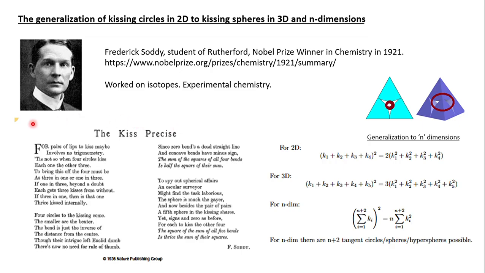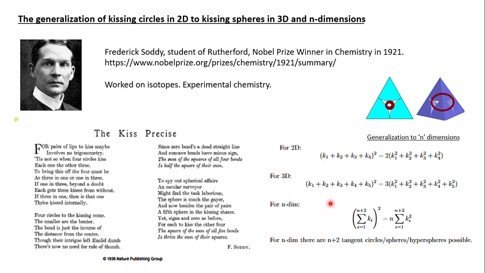So he made this problem very famous in calling it the kissing circles problem, and he wrote this article in Nature in 1936. He wrote this poem, basically, I should say, very very mathematical, or is it very very romantic. So he generalized for 3D and for N-D.